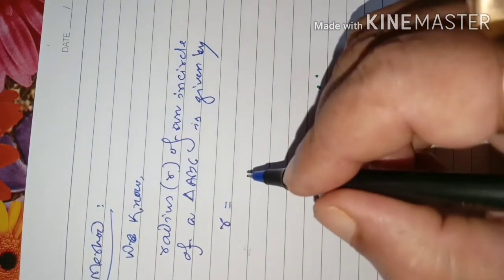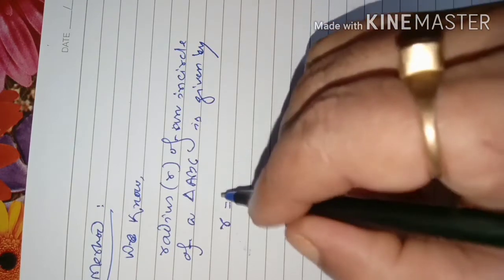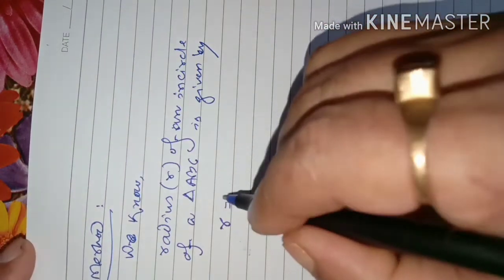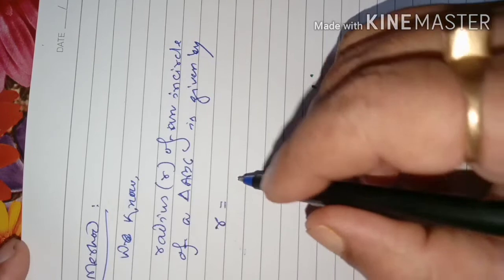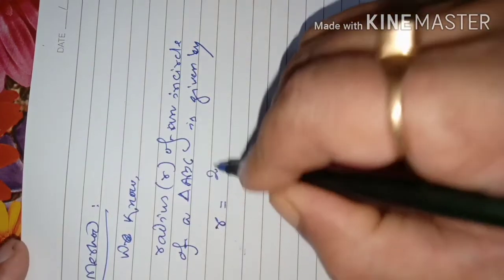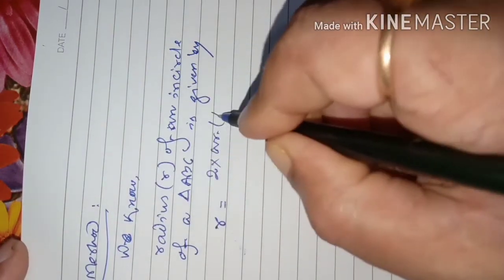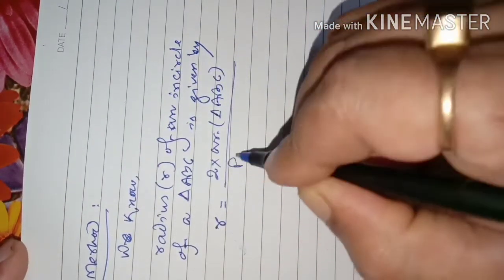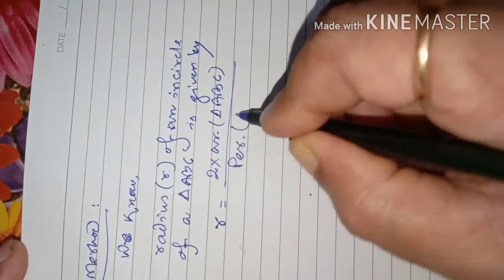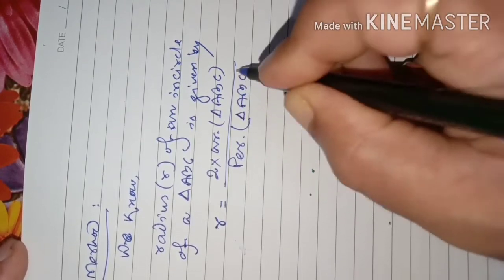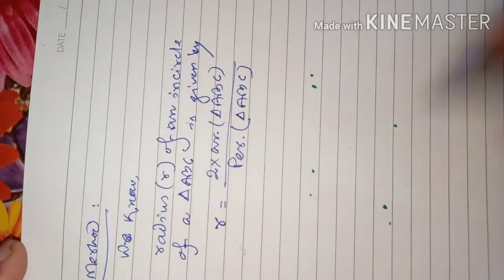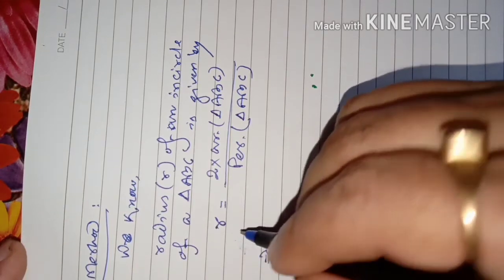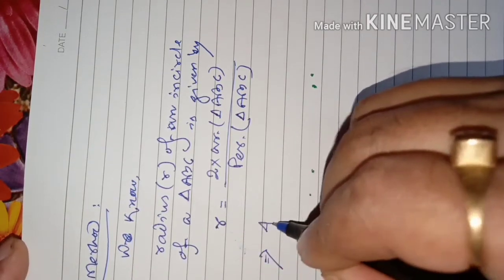So you go through those videos nicely, and you should practice also. This theorem also is asked sometimes in board exam. So 2 times the area of the triangle ABC by perimeter of the triangle ABC.